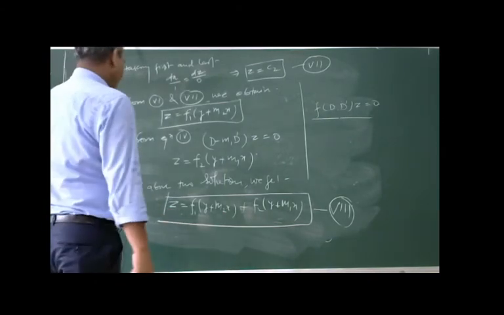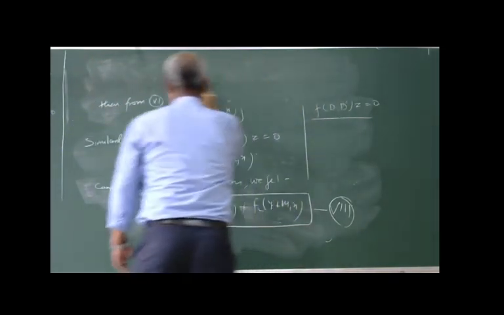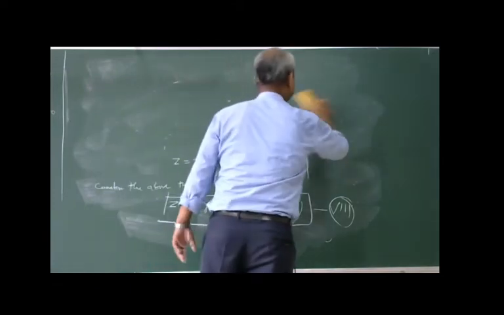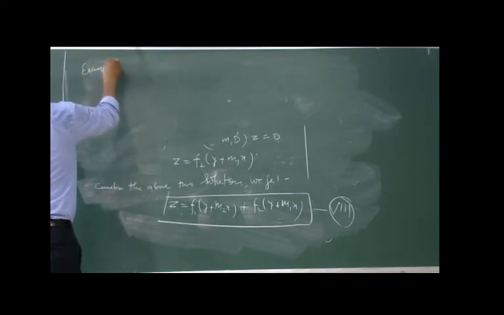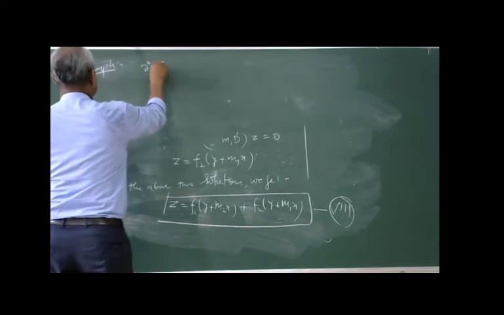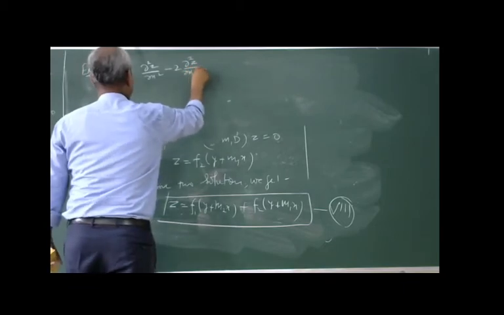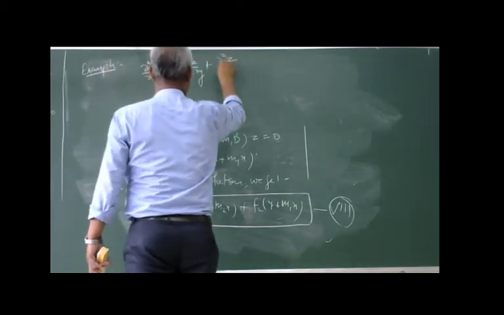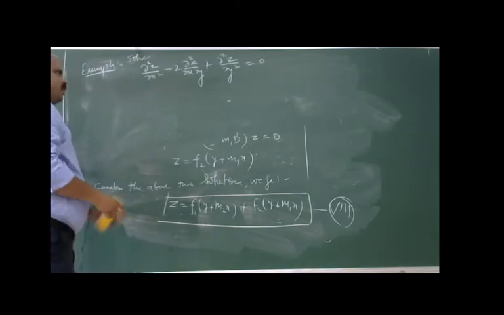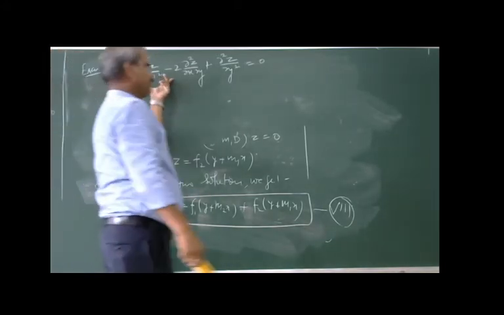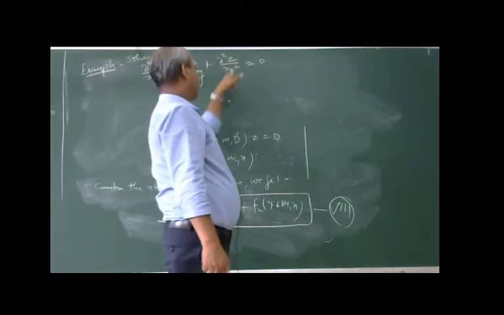So now let us take an example based upon this. Example: del 2 z upon del x square minus 2 del 2 z upon del x del y plus del 2 z upon del y square.